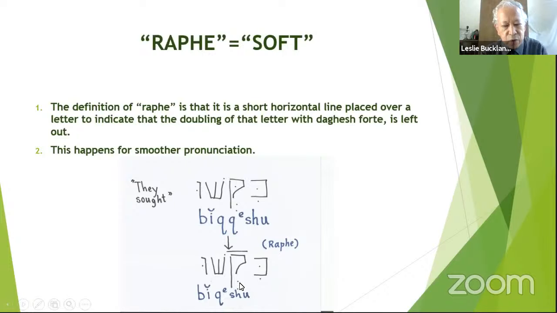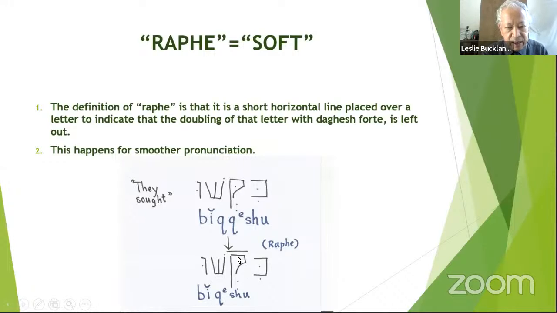We still have the vocal schwa, which is indicated by this short E that is written to the upper right hand of the Q. So it is now pronounced bikeshu. Instead of it being bikkeshu, it is now bikeshu. They sought.